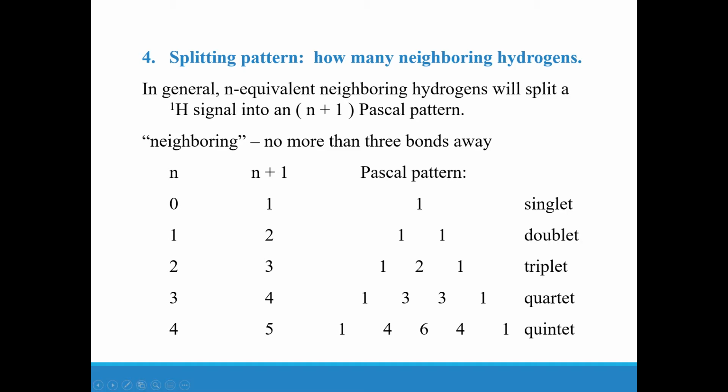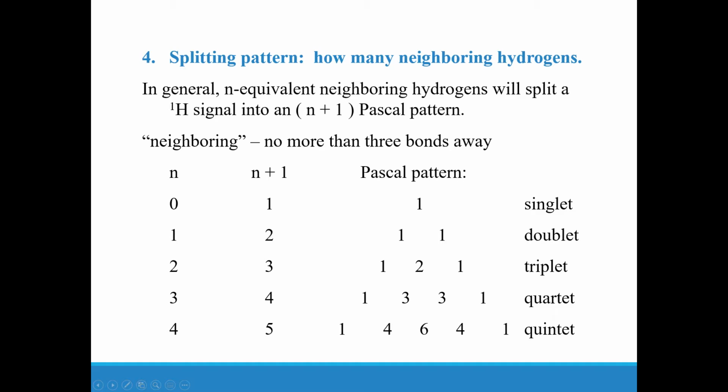So in general, n equivalent neighboring hydrogens will split a proton signal into an n+1 Pascal pattern. Remember, neighboring means that they cannot be more than 3 bonds away. If n is the amount of neighboring hydrogens, then n+1 is the signal that we get. If there are no neighboring hydrogens, then we expect a singlet.